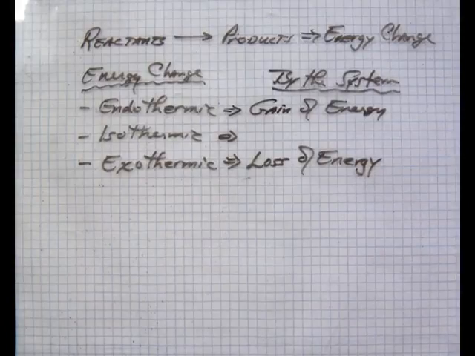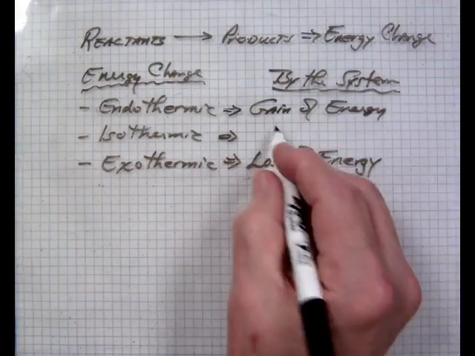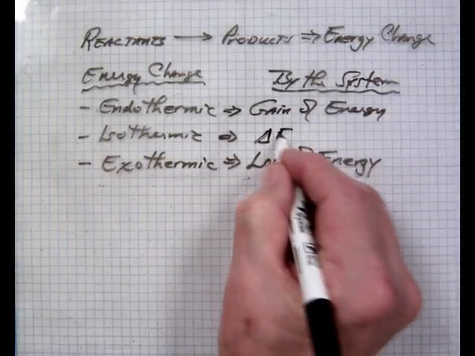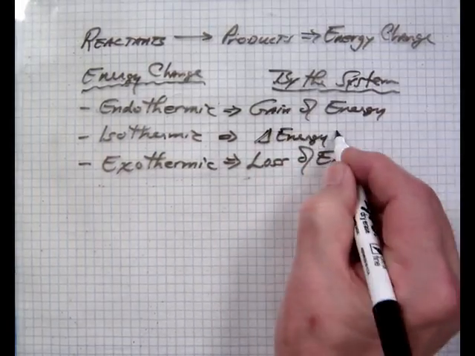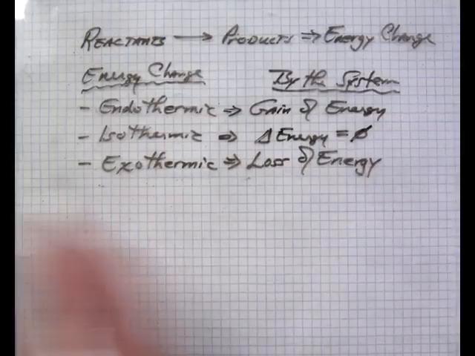System's getting colder. Or gain of energy, system's getting warmer. Isothermic means the net change in energy is zero. Change in energy equals zero. It's an isothermic change.